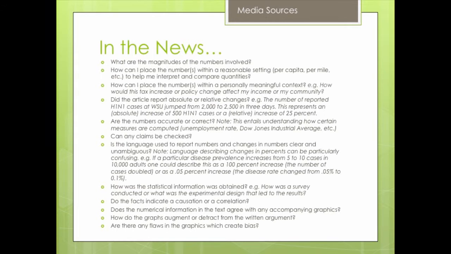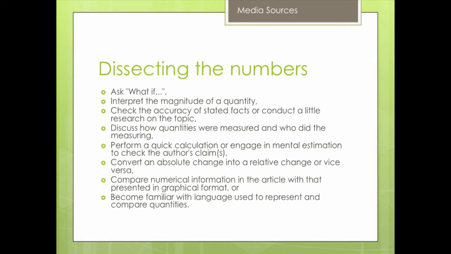Again, we'll make this available, and it's in your outline as well. The other side of things, to take them through a process, and you could even turn this into a grid like the other evidence, is asking these what if questions. What if this was done instead, or what if they asked this question? One of my favorite things to ask students is, what if instead of asking, do you like chocolate ice cream, yes or no, you said yes, no, maybe?